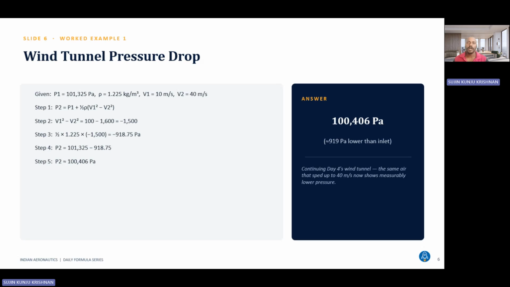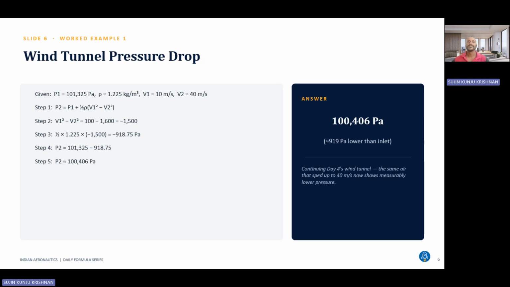So the pressure drops by about 919 pascals in the test section. Small in percentage terms, but it's a direct measurable result of the air speeding up.